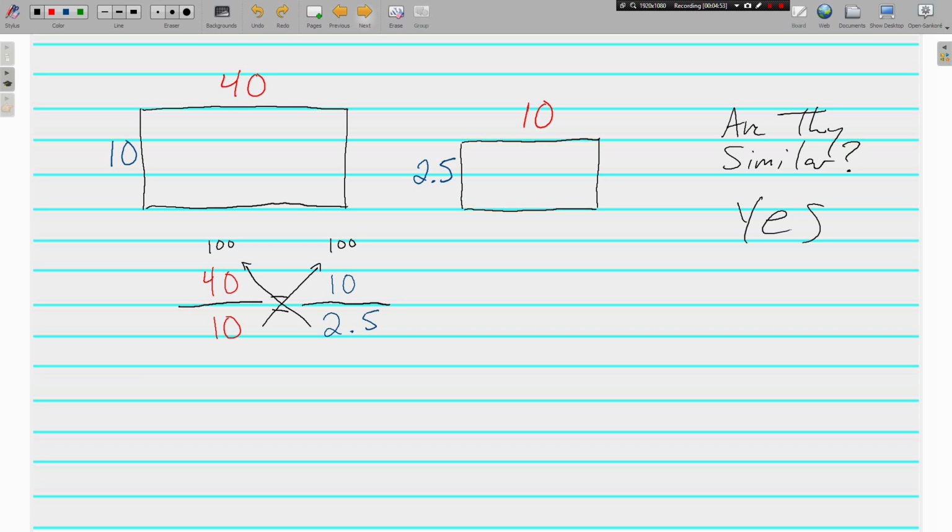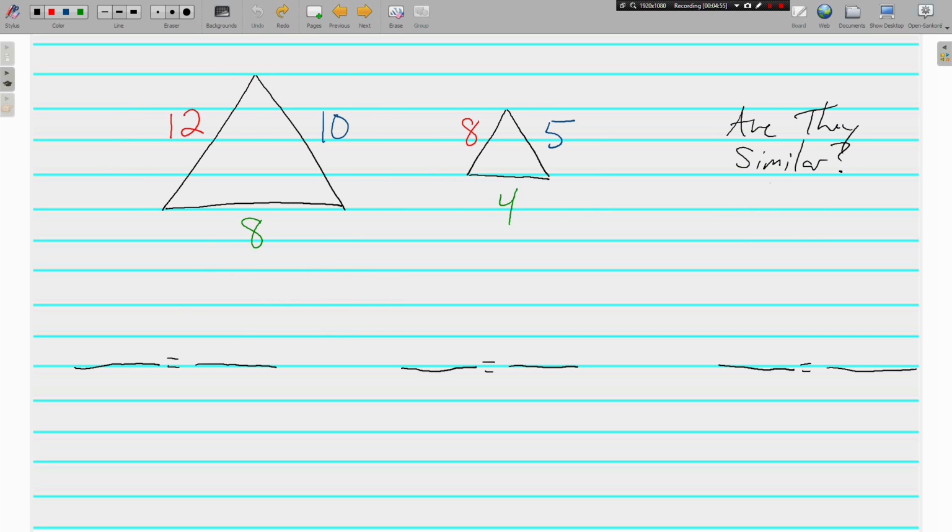Let's do another. We have triangles again. Are they similar? I'm going to compare the green corresponding sides with the blue ones, is what I wrote down. 4 times 10, 40. 5 times 8 is 40.